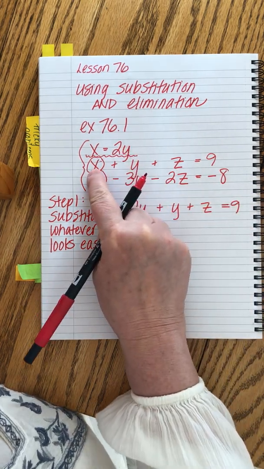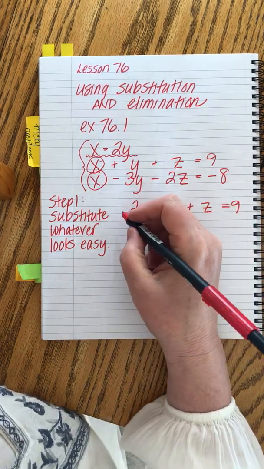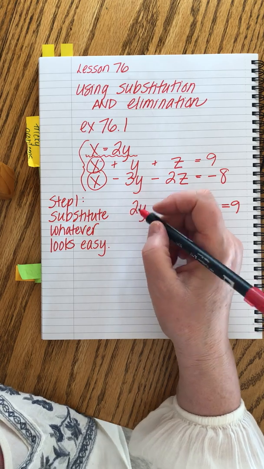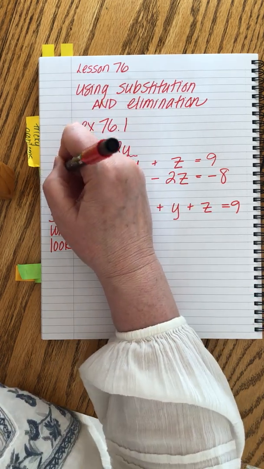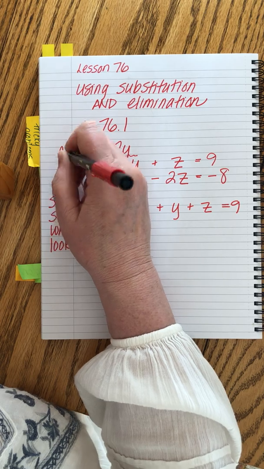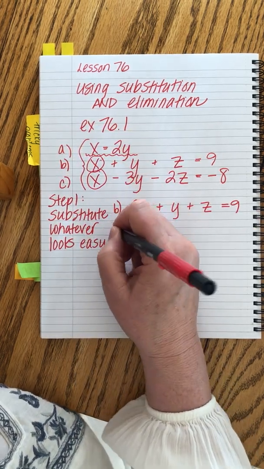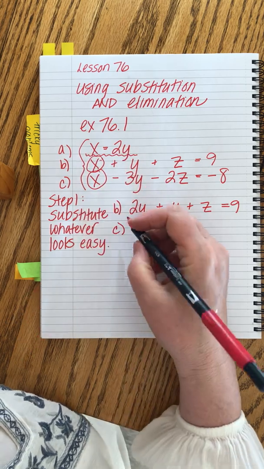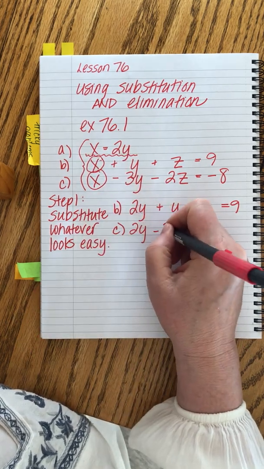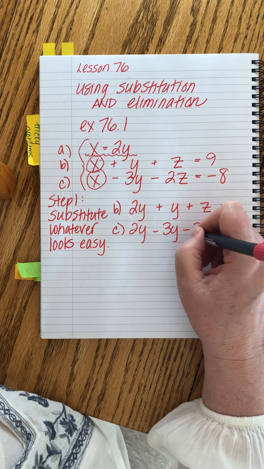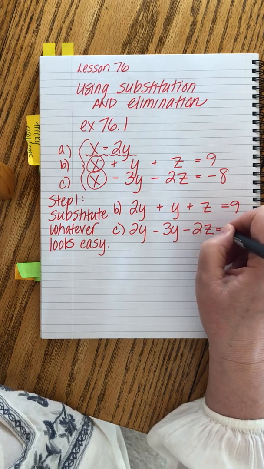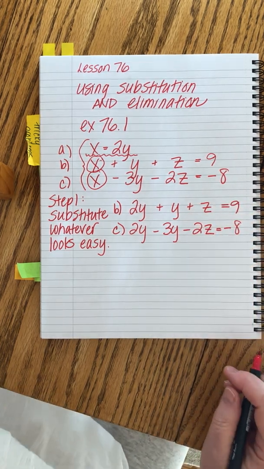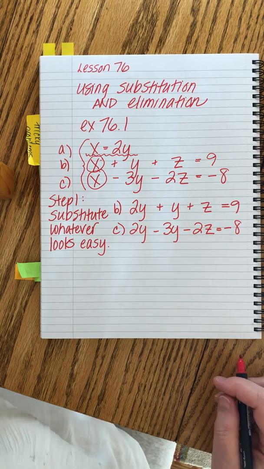I substituted this in here and got that. And then if this is A, B, and C, then this is the new B, and let's do the new C. Again, x equals 2y, so we put in here 2y minus 3y. Okay, so there's our substitution.